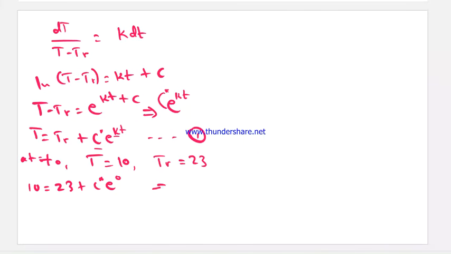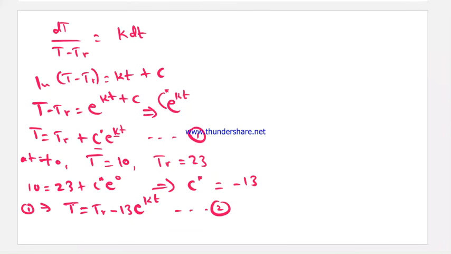Which implies our c star is equal to 10 minus 23, which is minus 13. So equation 1 becomes T equals Tr minus 13 exponential kt. Let's put that as equation 2.